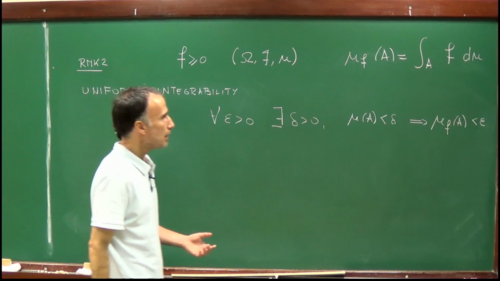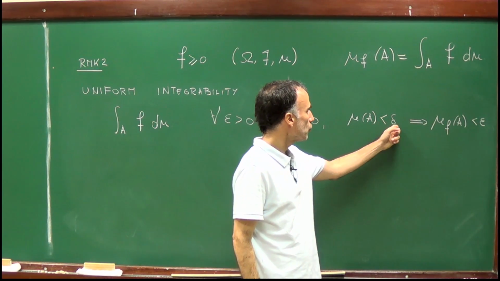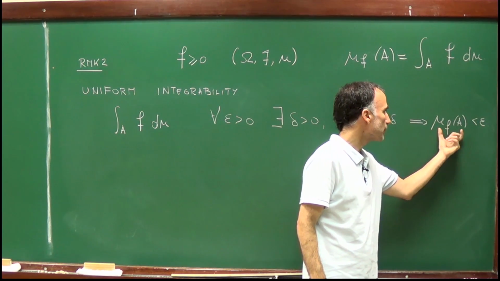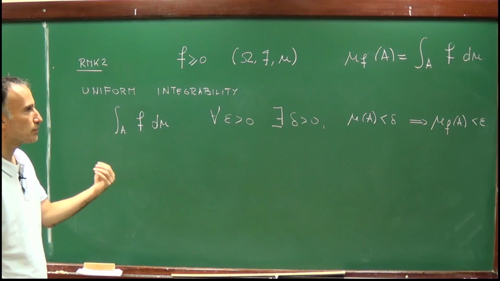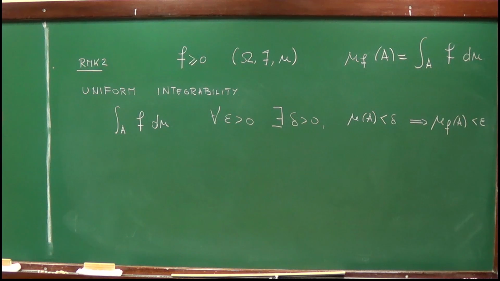So in this sense, uniformly over the sets A with measure smaller than delta, the measure of A with respect to this measure mu_f is smaller than epsilon.